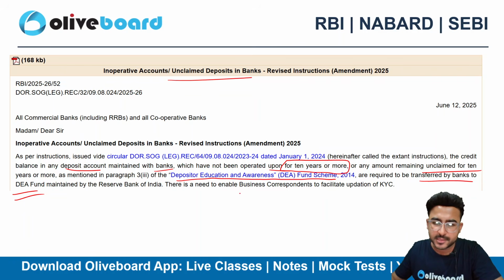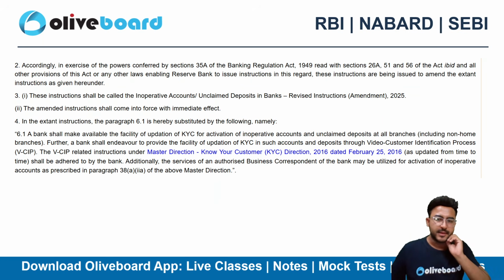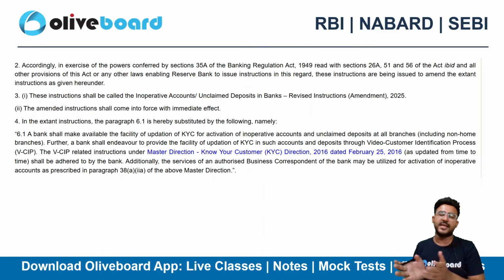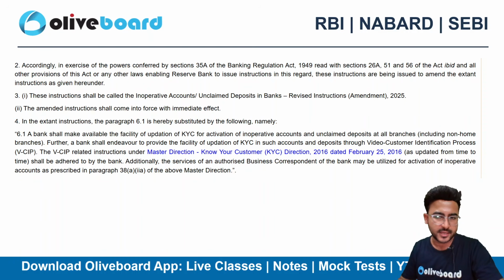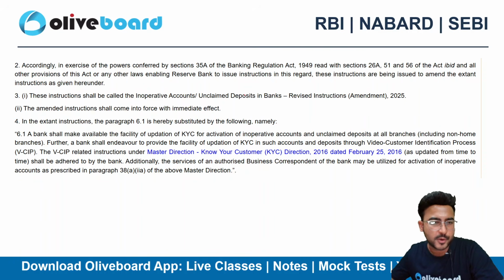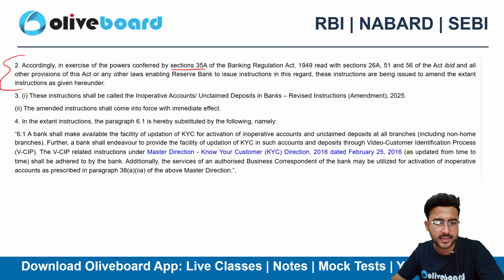There is a need to enable the business correspondent to facilitate the updation of the KYC as well. If the KYC is very well updated, then these kind of accounts will not turn into dormant, right? So that's why they have facilitated the business correspondents as well. Accordingly, RBI has exercised the power given in section 35A, right?